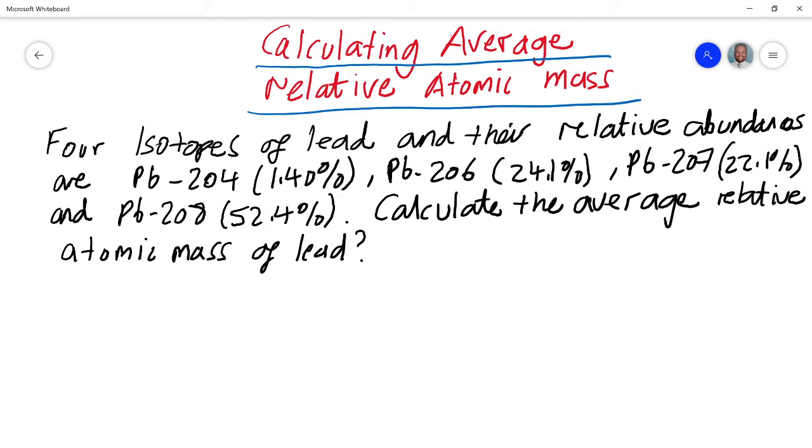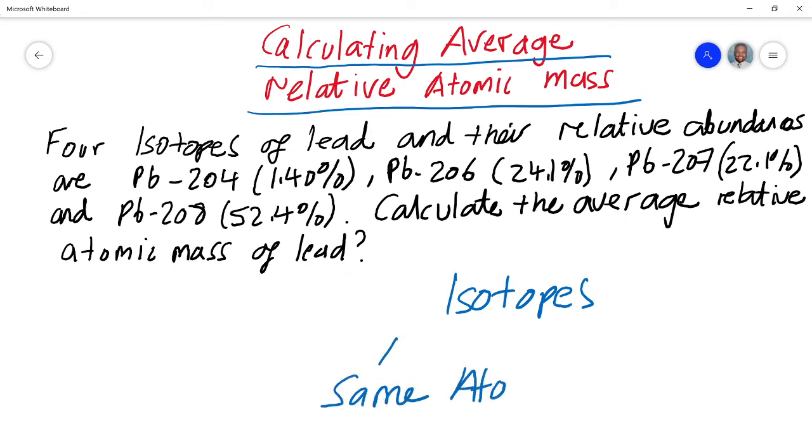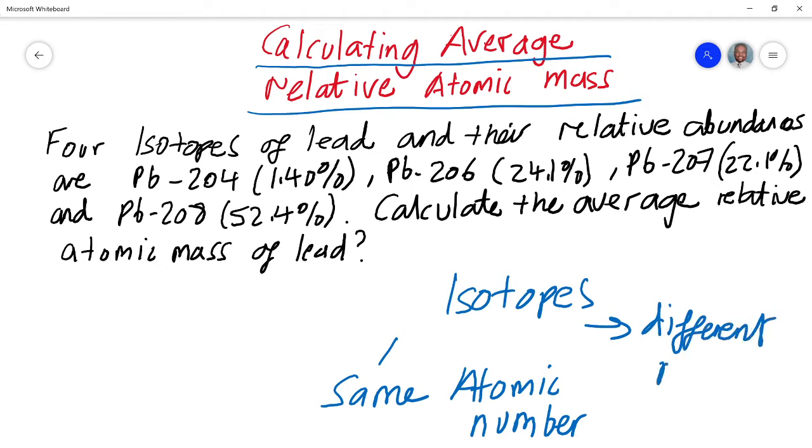Alright, now just a bit of an understanding. If you look at isotopes, we know very well isotopes are atoms that have the same atomic number but different mass number.